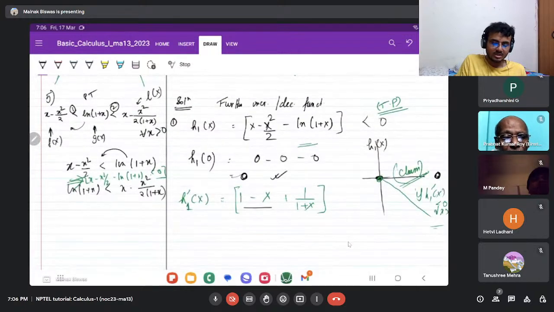Minus, right? I made a mistake. This is the answer. Now, can you tell me if it is less than 0 or greater than 0 by just looking at this?